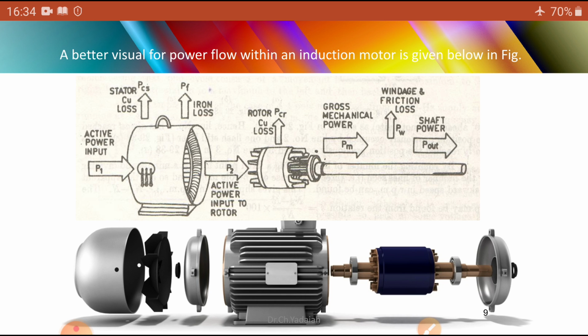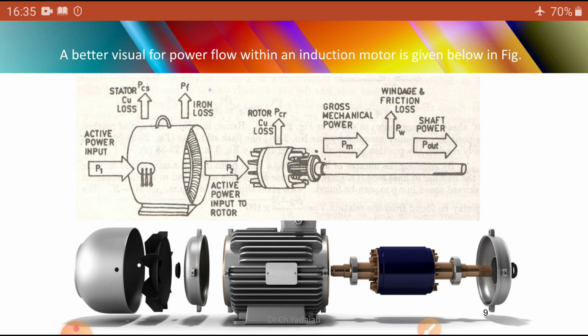Here, electrical energy is first given as electrical energy. Some of the energy is wasted as heat energy. Some of the energy is wasted as friction and windage losses. Okay, so the remaining power is converted to mechanical power at the shaft. That is the required one.